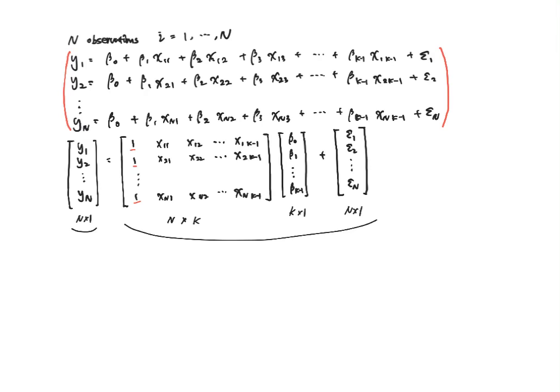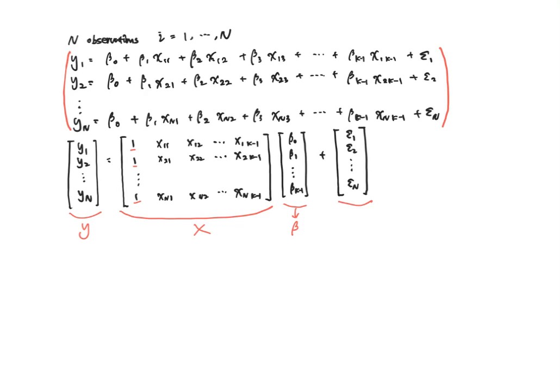From now on, I will call this vector y, this one capital X, this one beta, and this one epsilon. From this time, the notation becomes a bit different compared to the previous slide.